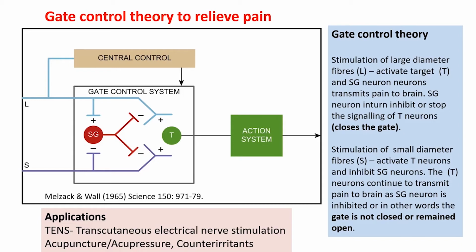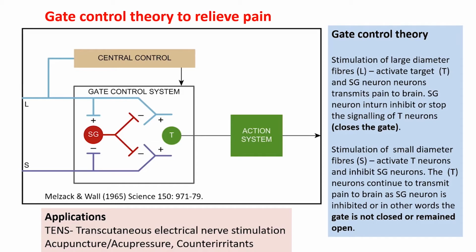This forms the basis for a number of pain relieving applications, especially nerve stimulation, that means the transcutaneous electrical nerve stimulation to relieve pain, wherein you stimulate the large diameter fibers to suppress the pain or inhibit the pain or close the gate.